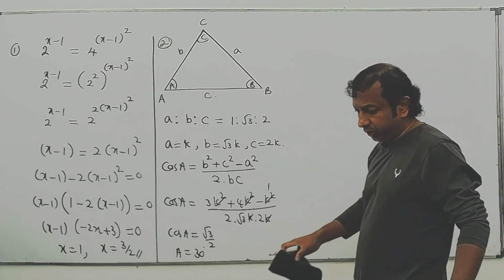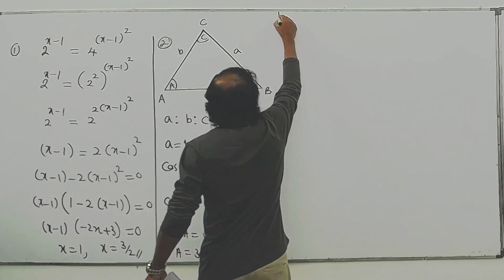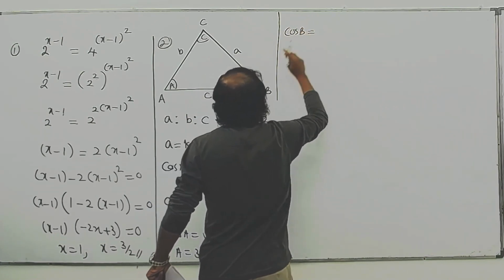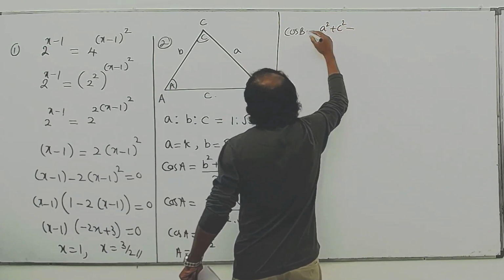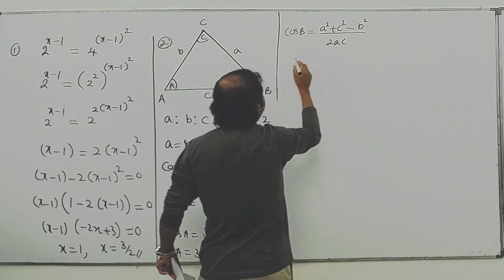You can write cos B and cos C. The same we have to write cos B, people. You can write A squared plus C squared minus B squared divided by 2AC. Then substitute here too.